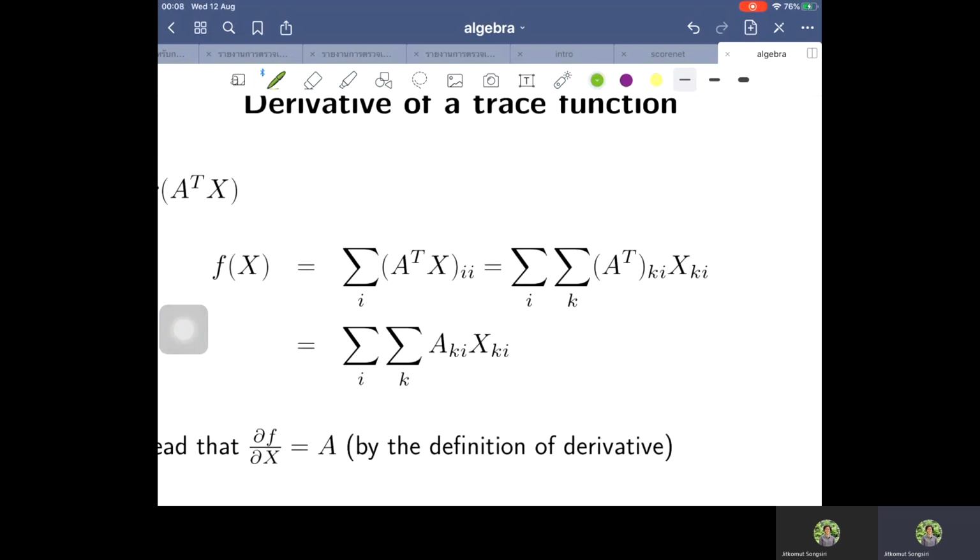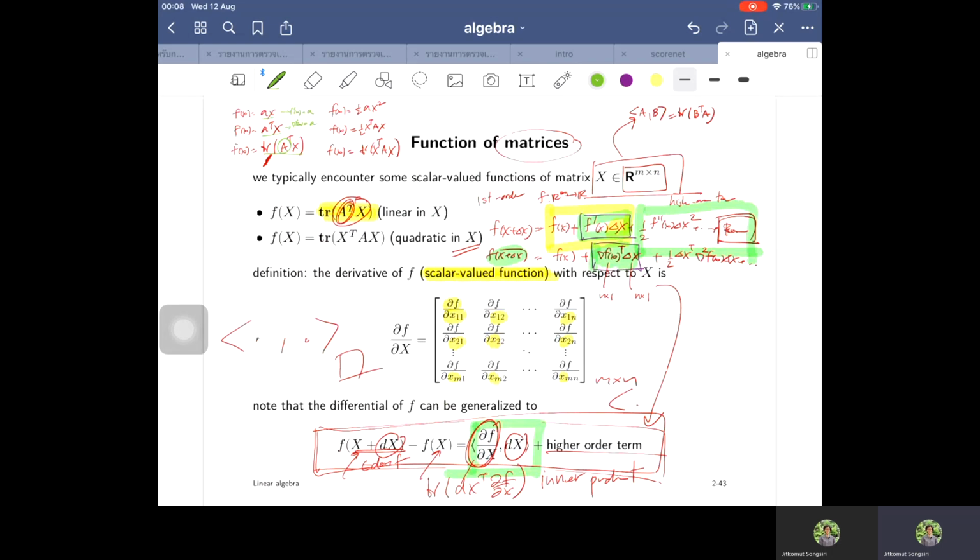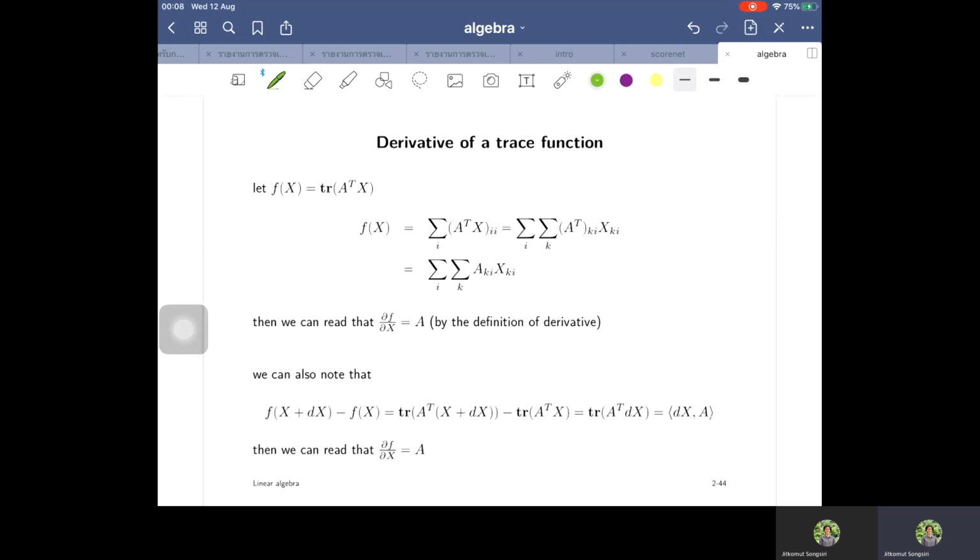Now very simple, we go by the definition for this one. The first derivative is simply to take the partial derivative of f with respect to all x_ij. The first row is going to be with respect to x11, x12, dot dot dot, x1n.